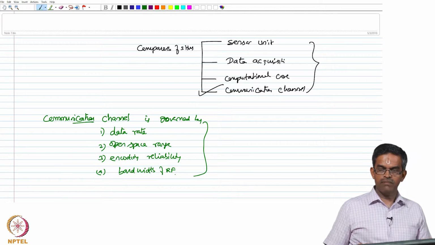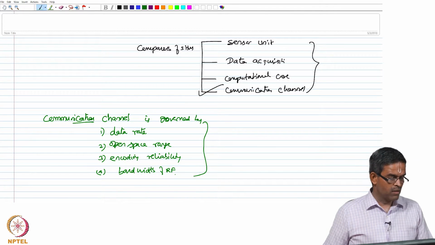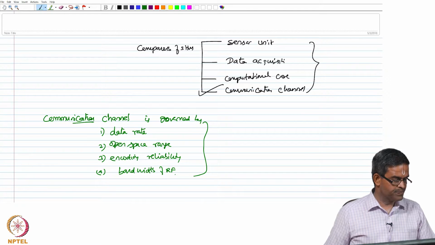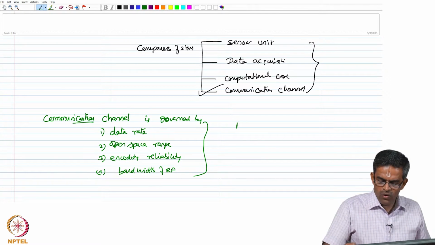These are the vital parameters which govern the design of a communication channel. We all do agree with that.